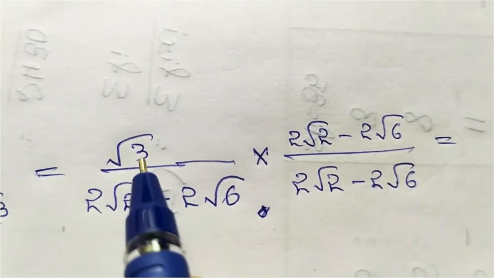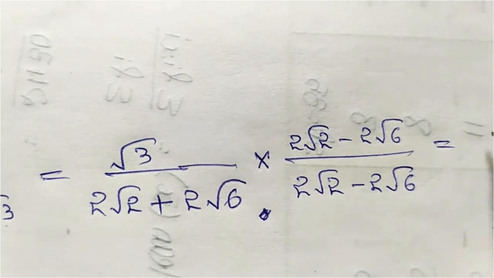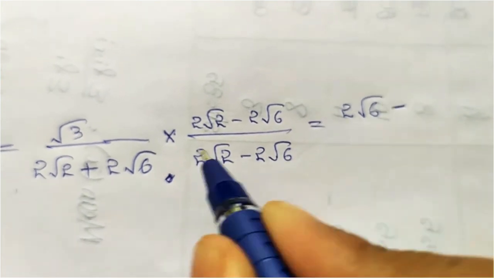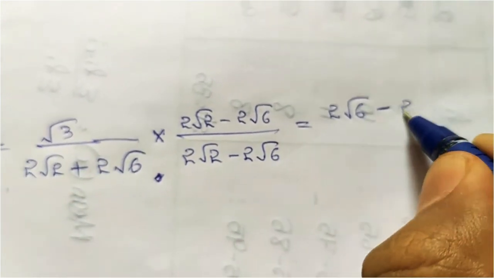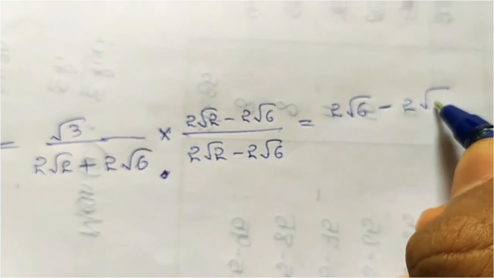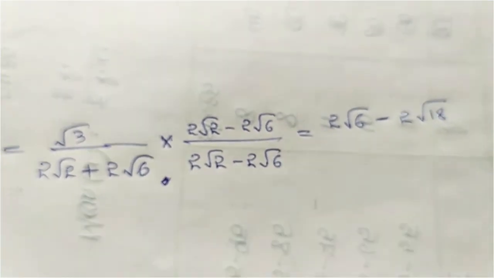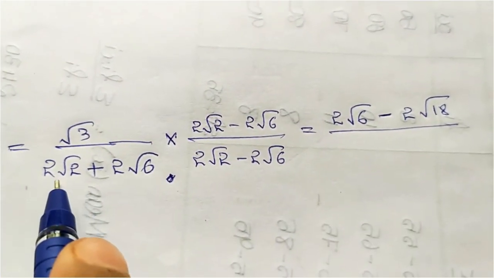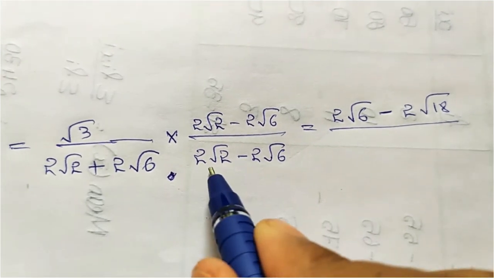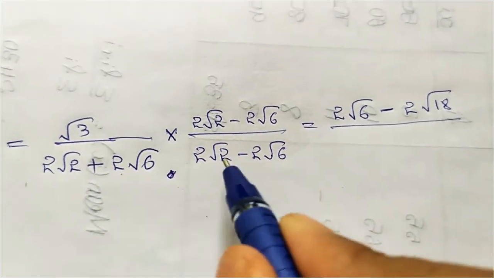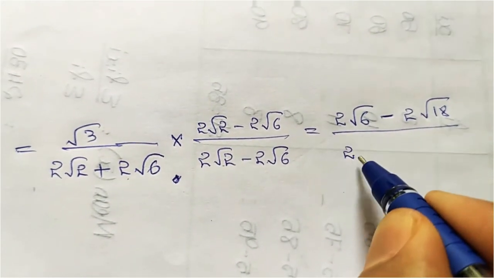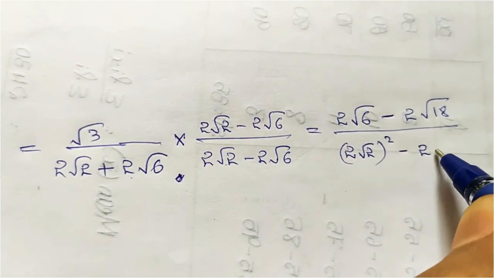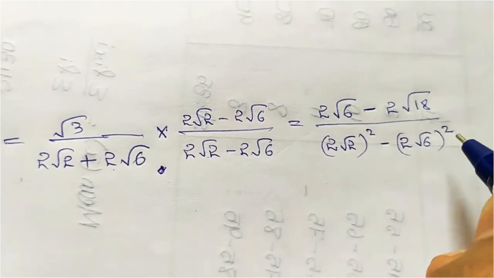Now root 3 into root 2, it will be 2 root 6 minus root 3 into root 3, it will be 2 root 3, 6 3s are 18, whole divided by here 2 root 2 plus 2 root 6 into 2 root 2 minus 2 root 6. (a plus b)(a minus b) will be 2 root 2 whole square minus 2 root 6 whole square, okay.